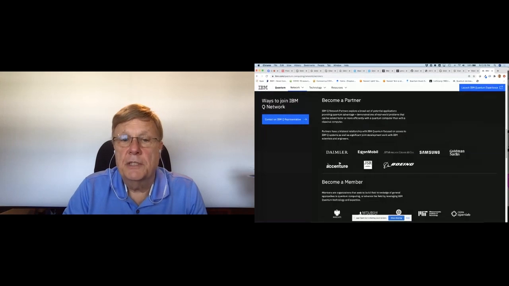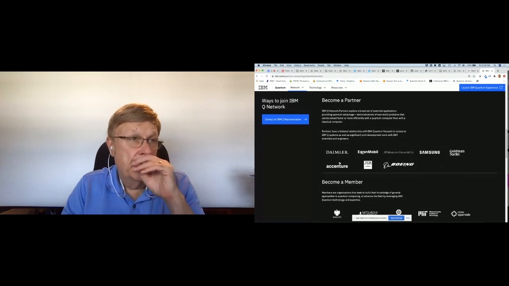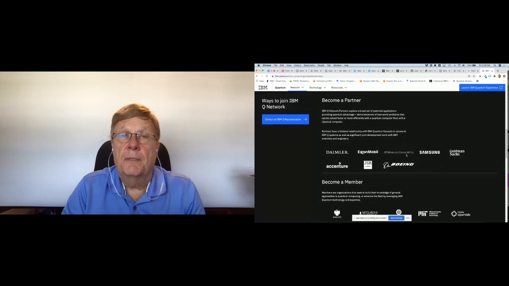Daimler Chrysler, Accenture, Goldman Sachs, JP Morgan. With JP Morgan, we are researching things like option pricing and portfolio management. ExxonMobil is modeling optimization problems for the energy industry. Boeing is modeling problems for reducing fuel consumption in airplane designs.